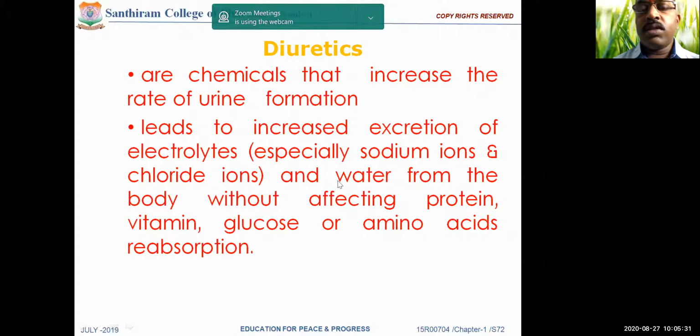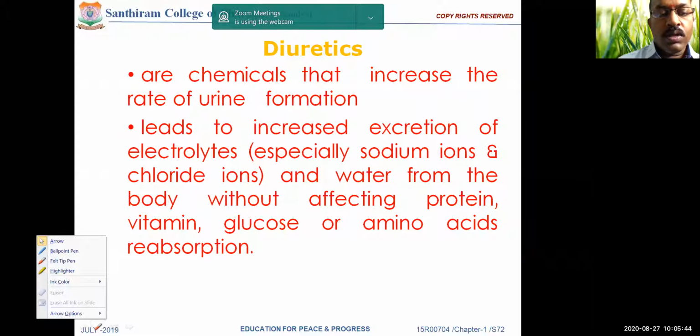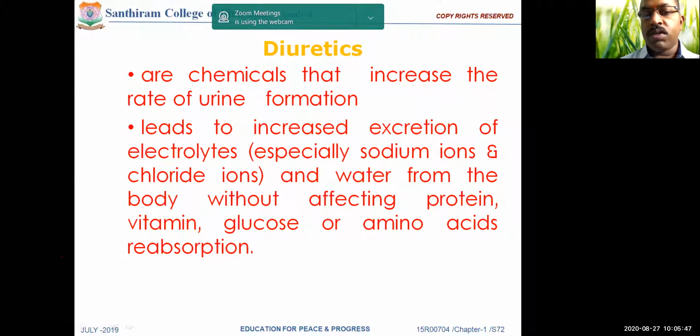We all know terms like osmotic pressure, then concentration, and one more thing that you should all know is about the sodium ions. See, not only in urine, in our body, we have very many electrolytes, positive ions and negative ions: sodium, potassium, calcium, then magnesium.